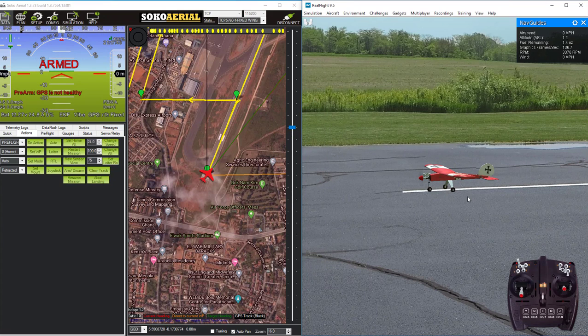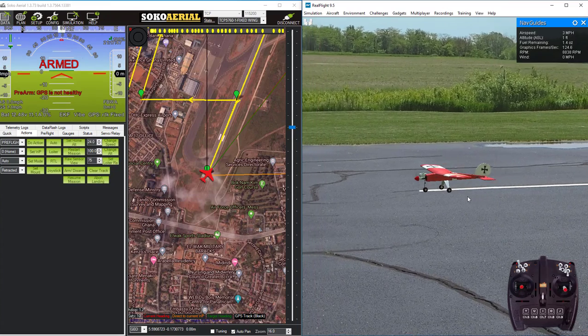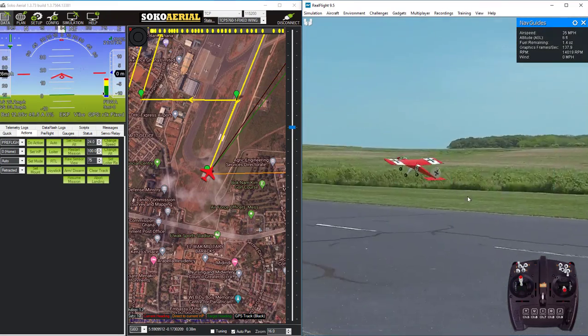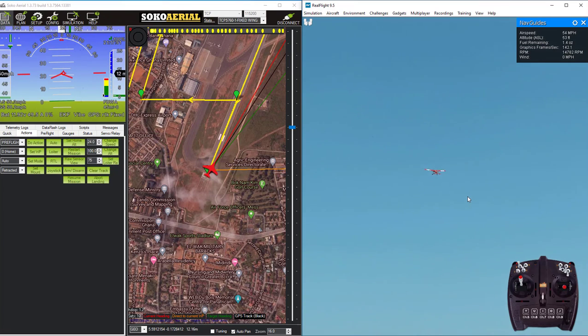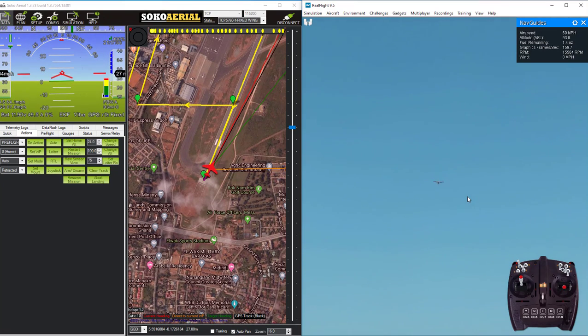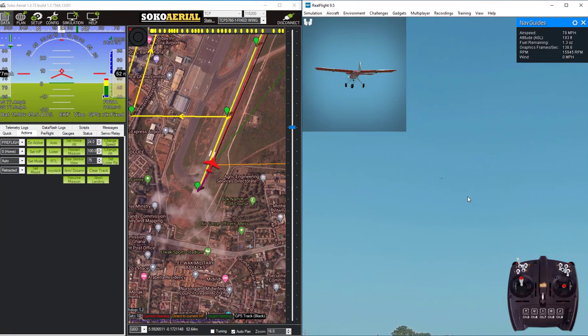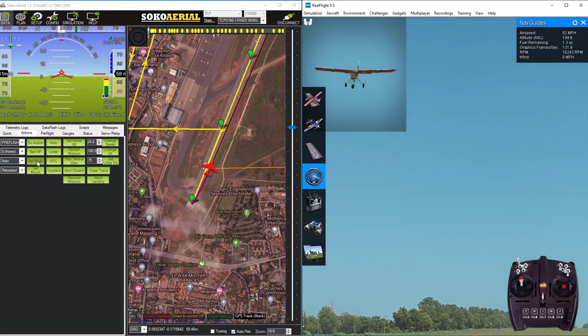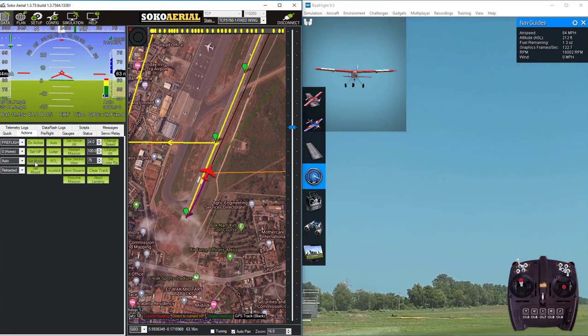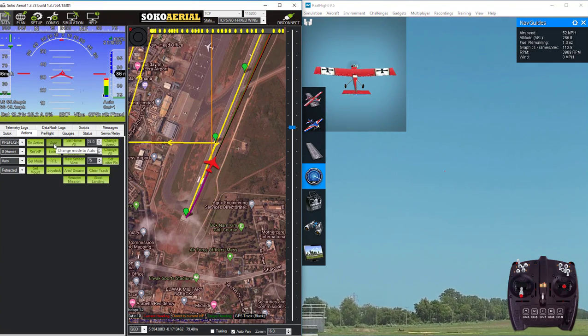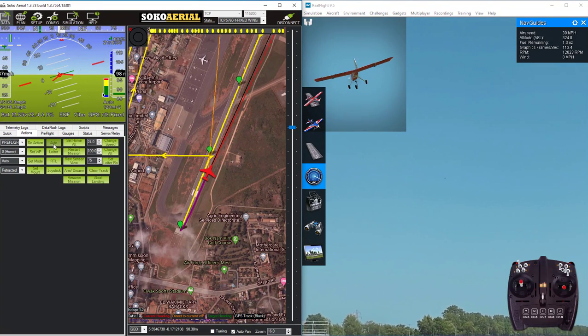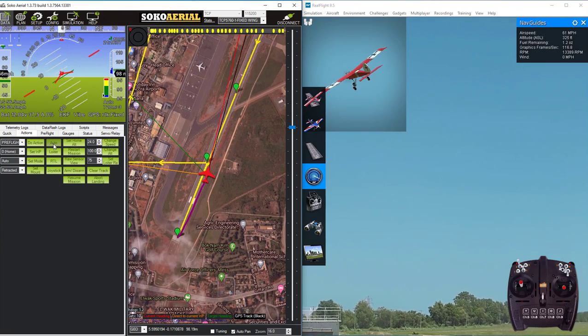So I'm going to push my throttle and then engage my takeoff. I'm airborne. Now once I'm airborne to a decent height, I switch the system to auto mode, and then it takes over. That is brilliant.